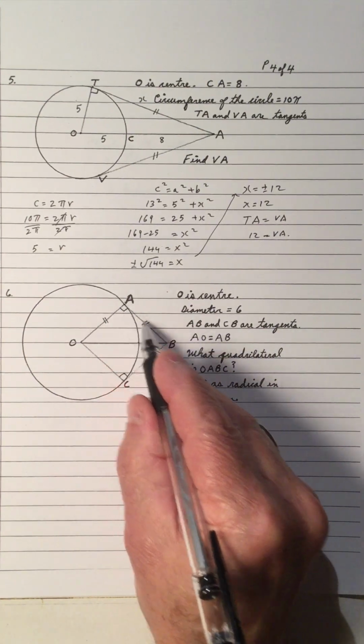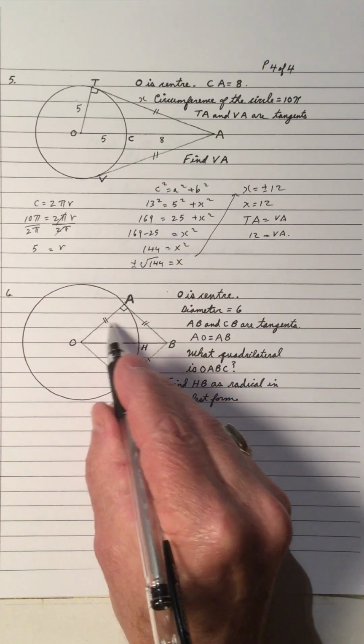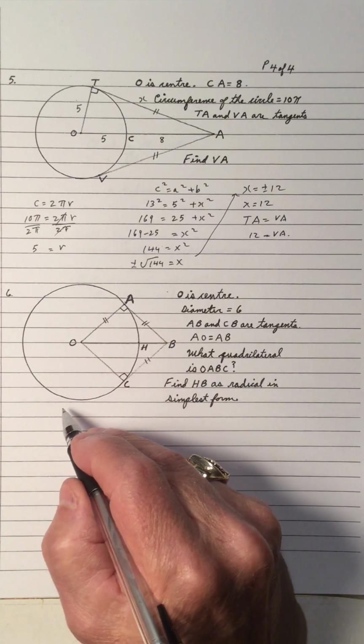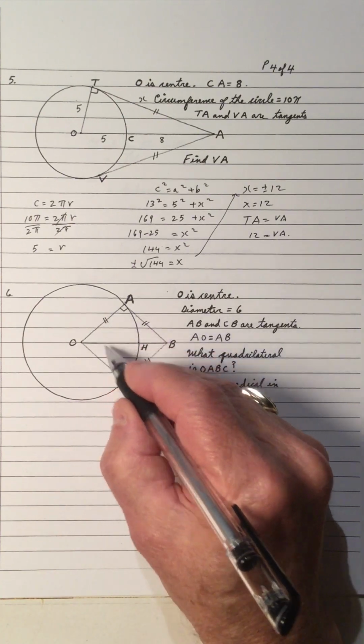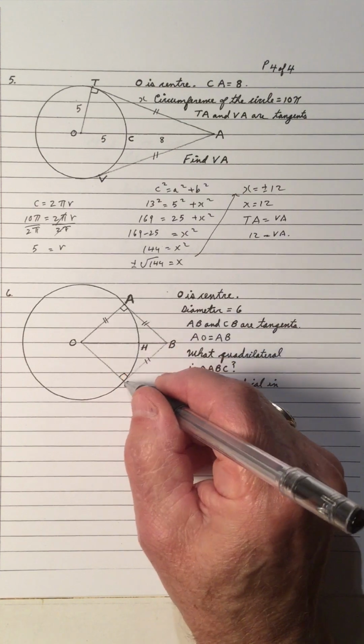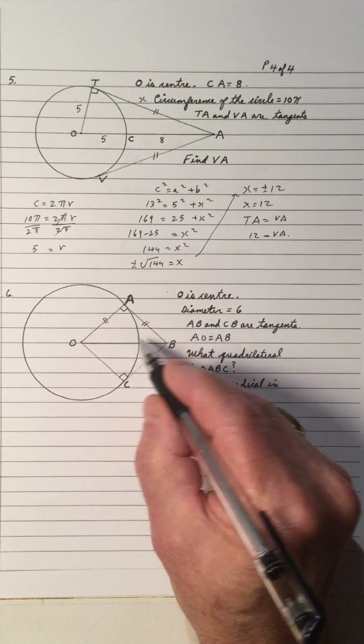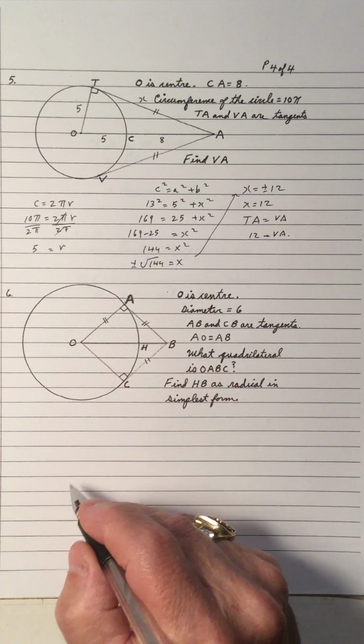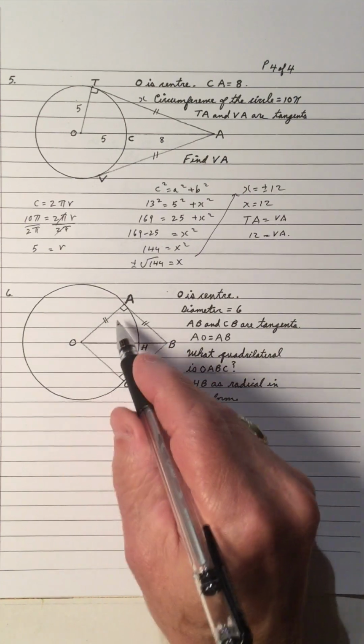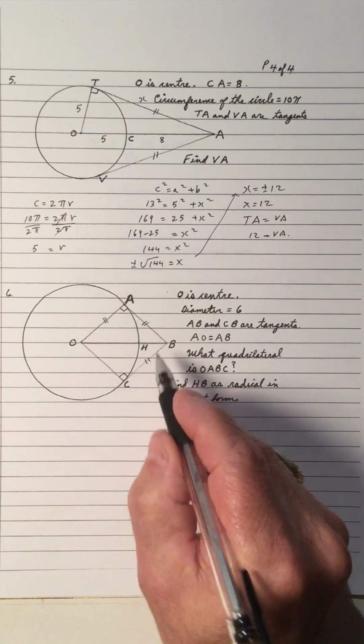So these two are equal because they're common tangents. These two are equal because they're given. Notice we have right angles, and we have 3 sides equal. So that means this must be a rectangle.